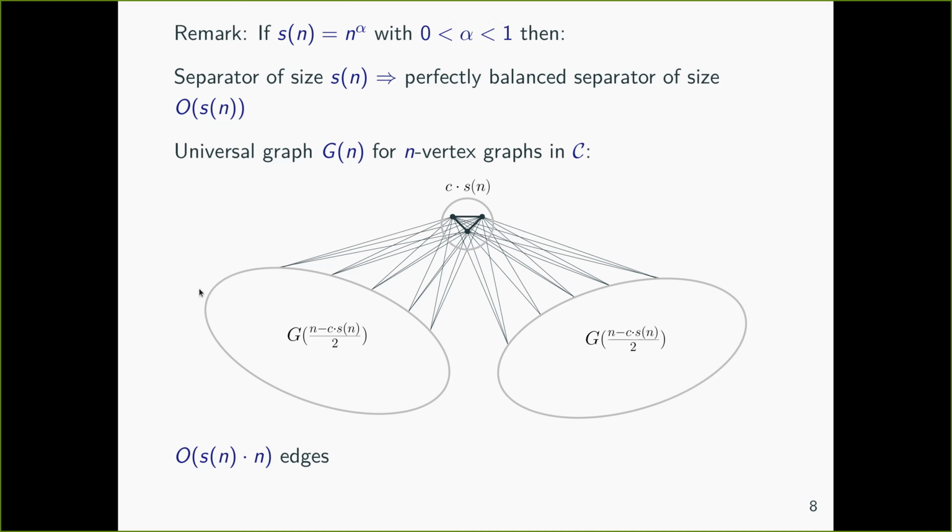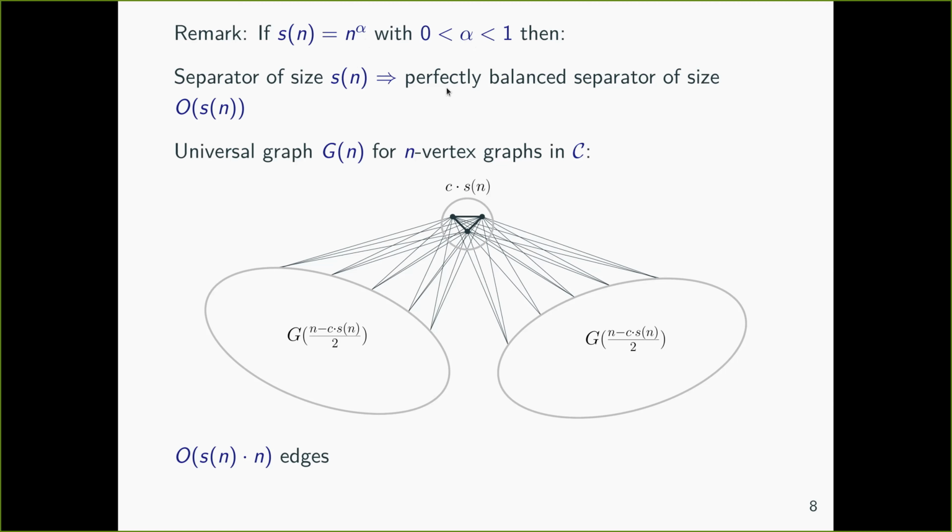But if you end up playing with classes of graphs with small separators, but not quite as small as constant size, say n to the alpha for some alpha strictly less than 1, like root n for planar graphs, it turns out that in that case the log n factors disappear because there is a geometric series phenomenon.